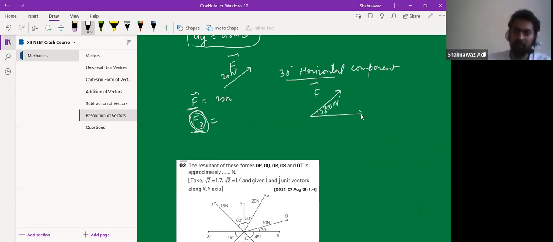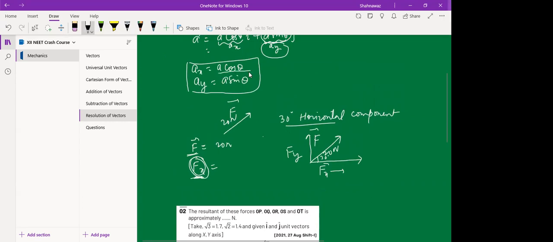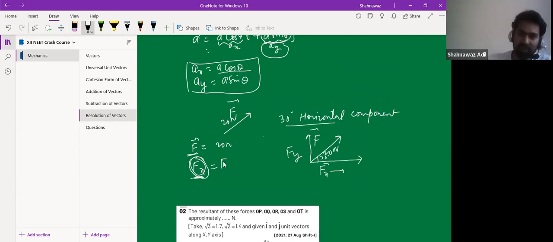I am asking what is Fx, meaning the value of F in the x direction, and what is the value of F in the y direction, that is Fy. Let's recall the x component in the polar form. F cos 30, so Fx will be F cos 30 degrees.